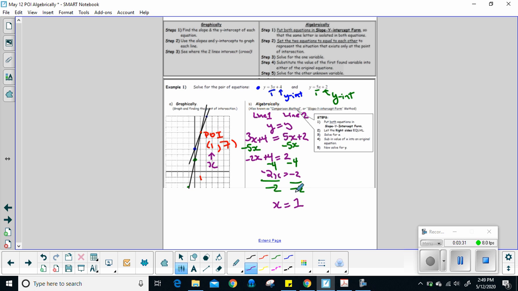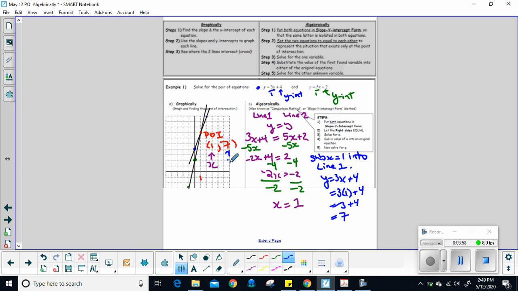Perfect. All right, so now what we want to do is we are going to sub x equals 1 into, pick a line, any line, doesn't matter, how about line 1, into line 1, and then we're going to solve for y. So y equals 3x plus 4. So now I'm going to sub x equals 1 into here, so I get 3 bracket 1 plus 4. 3 times 1 is 3, plus 4, final answer, 7. Oh, look!